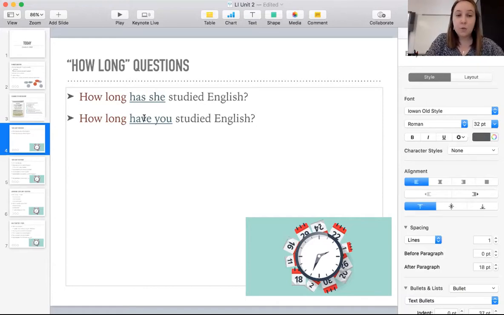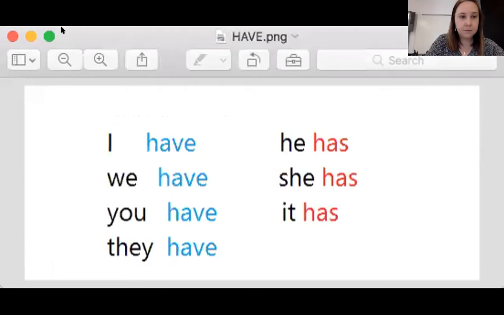So we see that this have verb changes based on who you're talking about. Let's take a look at how have works. We say I have, you have, we have, they have.